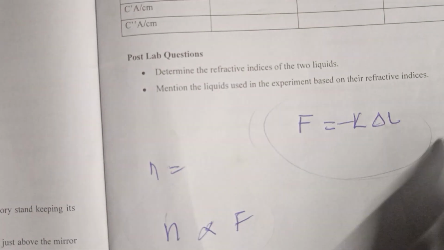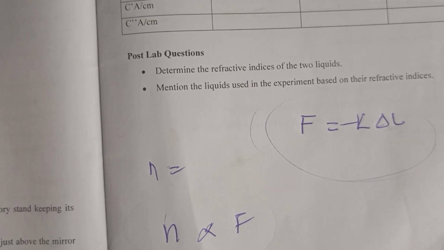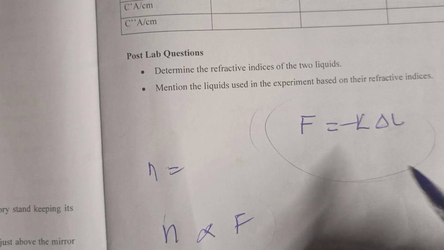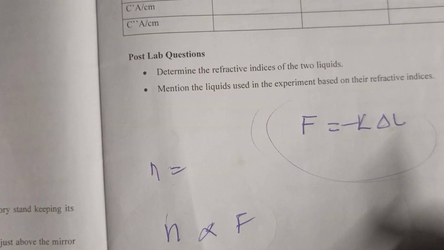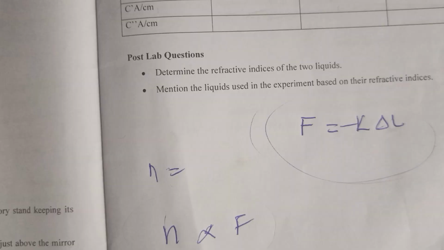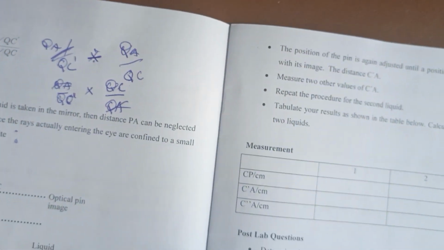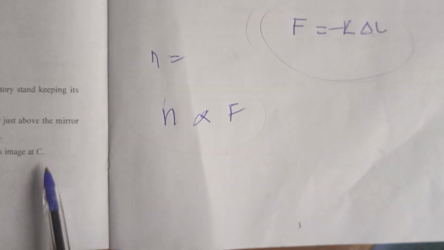So this is a relation. If you check the other videos, the Hooke's law experiment, you see this is the relationship between force and the bending of materials. Now the more the force, the more the bending of that particular material. So that is how this is performed.